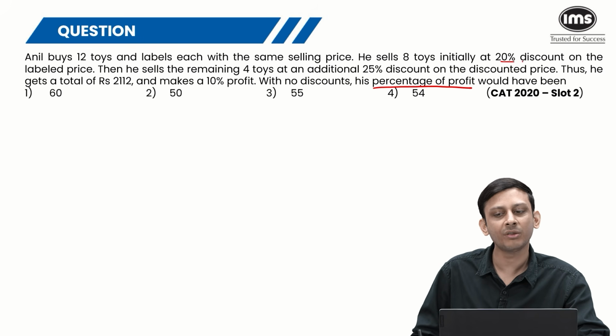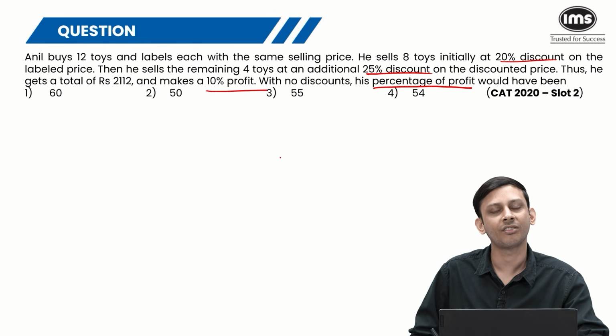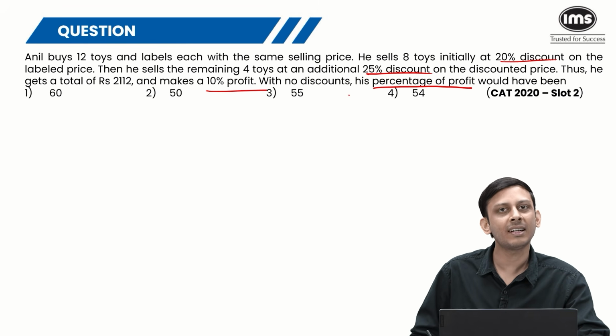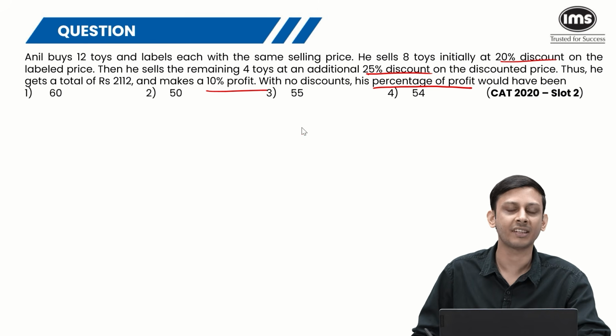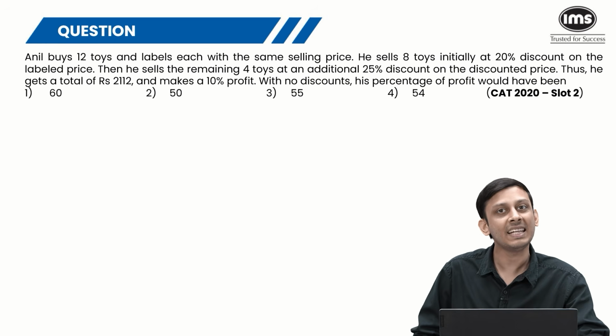We have all the discounts in terms of percentage, and we also have the profit in terms of percentage. We need to calculate a final percentage value, and we already have all the information in terms of percentage. So the rupee value is absolutely unnecessary. It's redundant. And that will make the solution easier because 2112 is not a very convenient value for calculation.